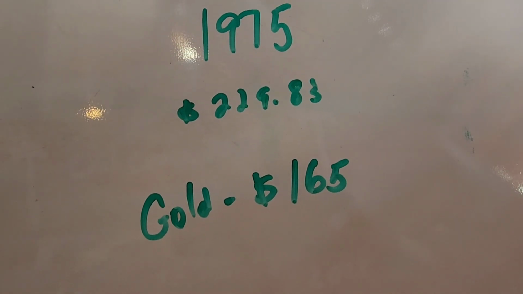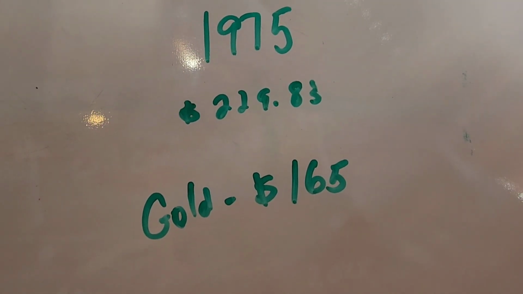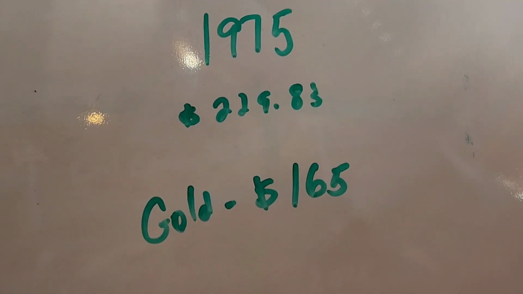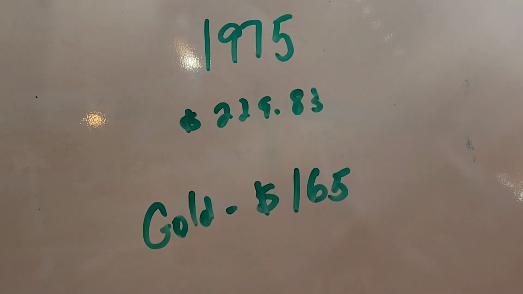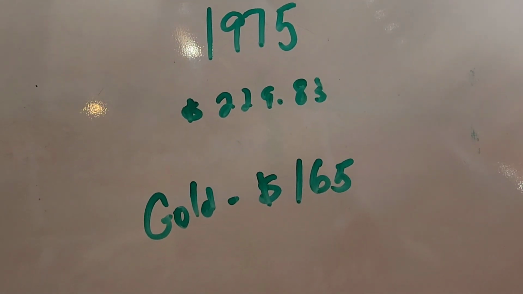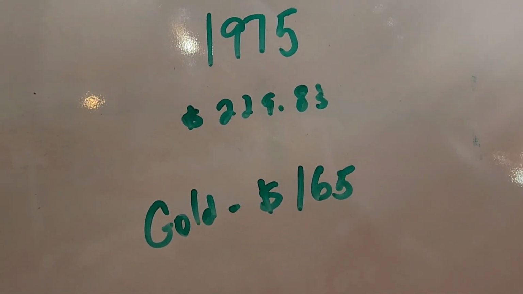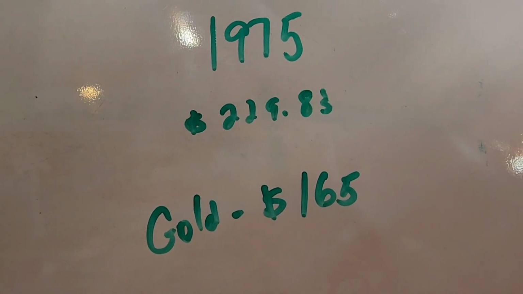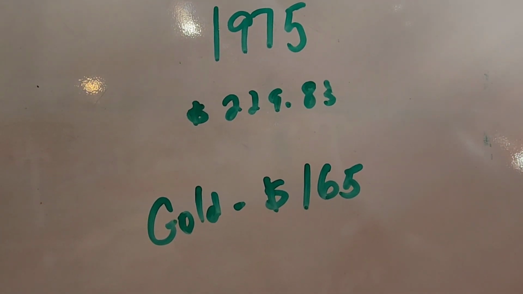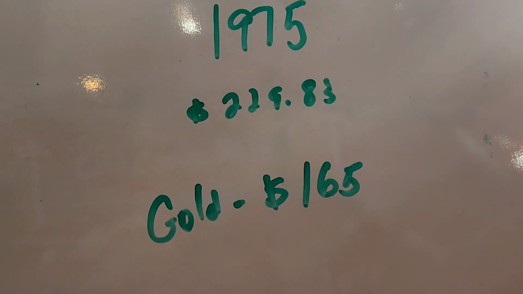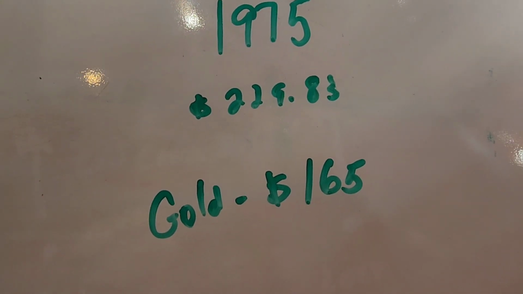And as I just showed you, it takes 3.5 acres now to even get 1 ounce of gold. So it takes 3.5 to 4 times the amount of acres currently being farmed to have the same buying power as in 1975.